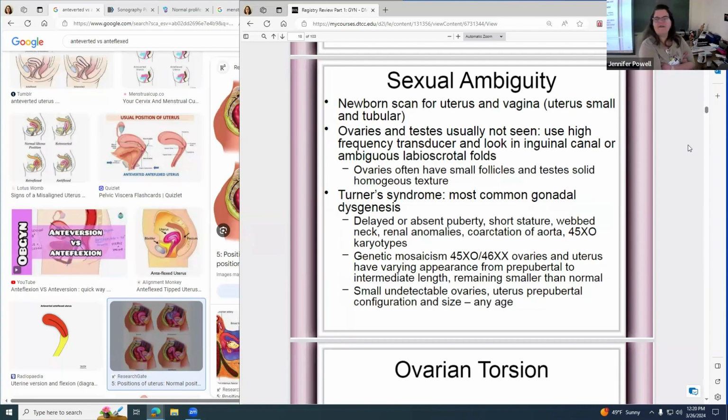Well, it doesn't have both of those. It only has one. So they call that 45XO. It's delayed or absent puberty, short stature, webbed neck, renal anomalies, coarctation of the aorta, 45XO karyotype.